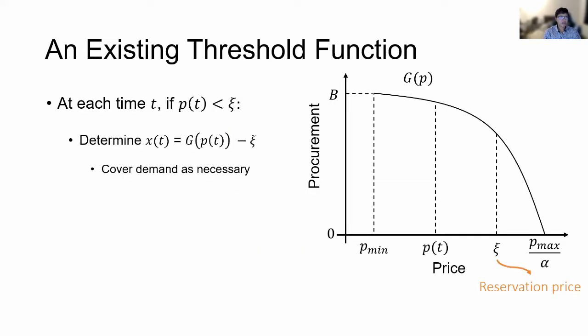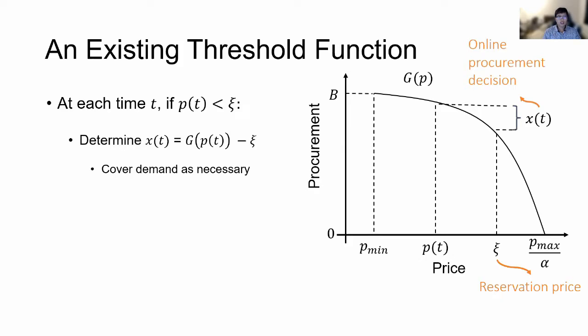So first, at each time t, we consider only the prices that are less than Xi. Then the procurement amount x of t is given by the difference between the threshold value g of p of t minus Xi.